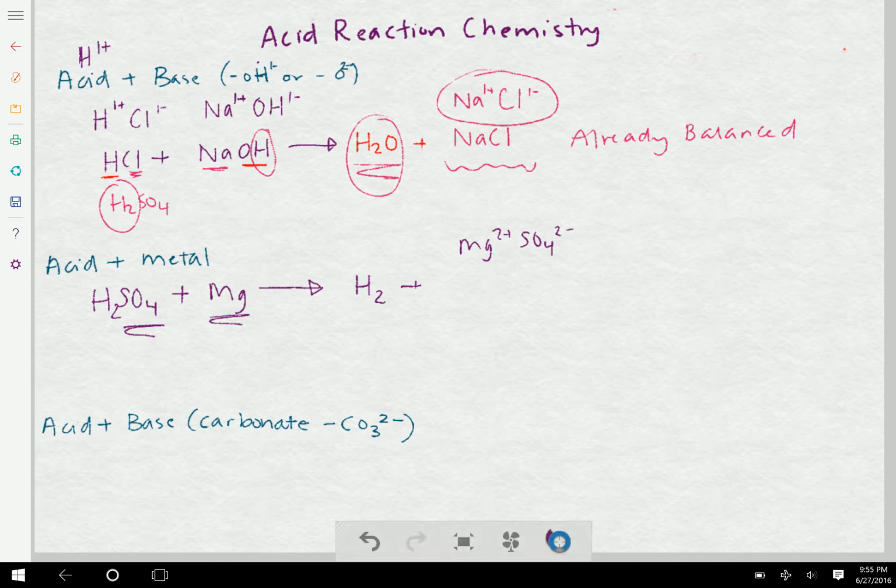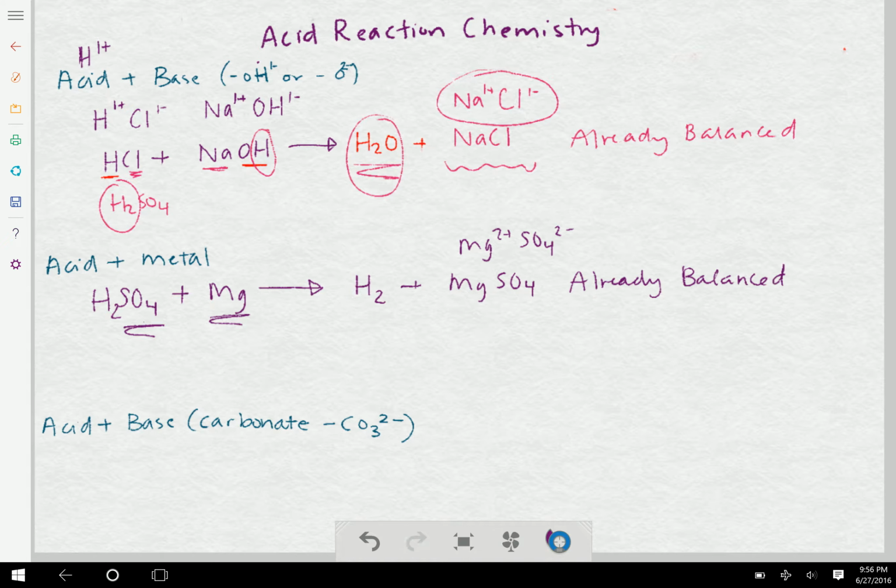I can see from the oxidation states that I will need one magnesium to cancel out with one sulfate group. So that's nice and easy for me, MgSO4. Then I can take a look to see if I'm balanced. I've got 2 hydrogens here, 2 hydrogens here, 1 sulfate group here, 1 sulfate group there, 1 magnesium there, 1 magnesium there. This one happens to be already balanced as well.